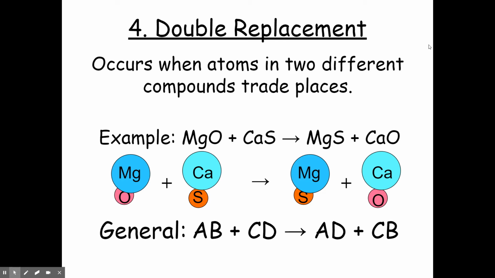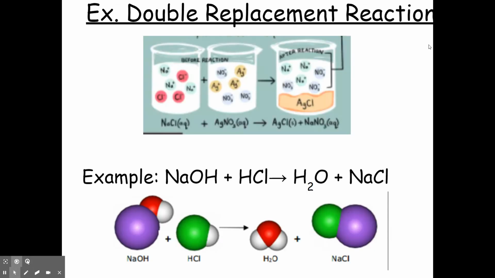Generally, AB plus CD yields AD plus CB. These have 2 compounds on the reactant side and 2 compounds on the product side. There's some more examples. Sodium hydroxide plus hydrochloric acid yields water and salt.